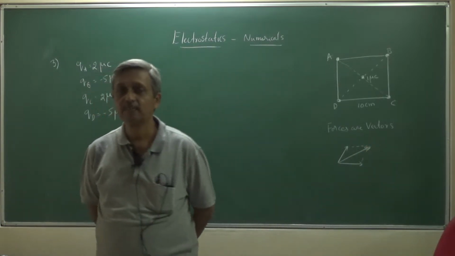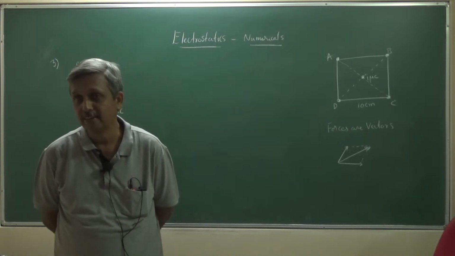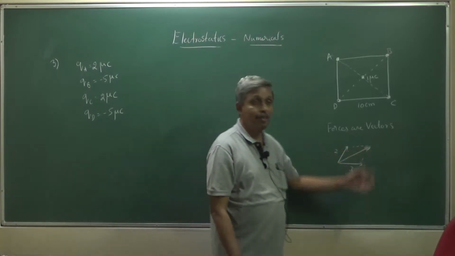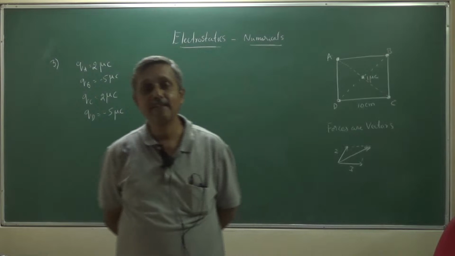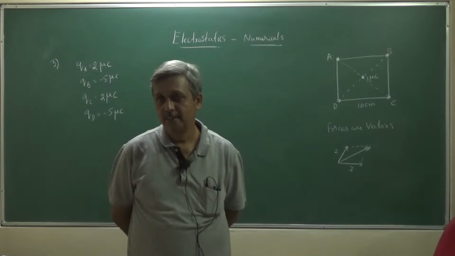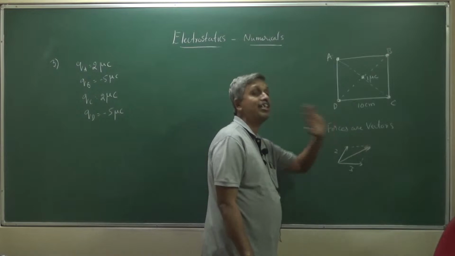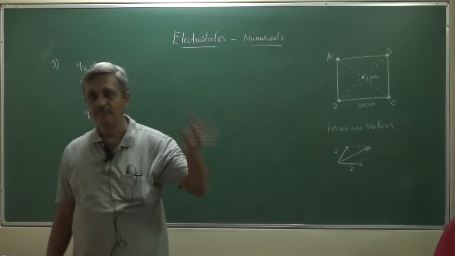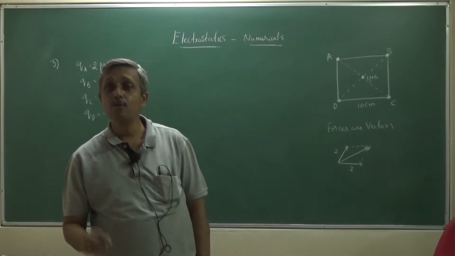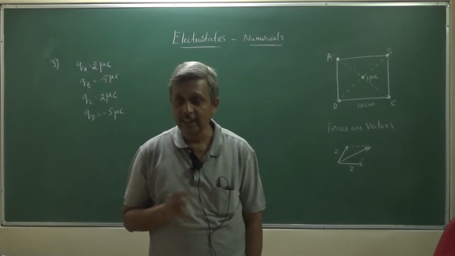That's how you add vectors. How do you add scalars? 2 plus 3 is equal to 5. That's how you add scalars. But for vectors, if this is 2 and this is 3, you will not get 5, you will get some other number, depending on the length of that diagonal. So adding vectors and adding scalars are not the same. We will have to write 2 here, 3 here, write the correct angle, make a parallelogram and then measure this. Or use a formula. We can write down the formula. However, in this question, it's not going to be that complicated. It's going to be a little simpler. So let's understand what it is.